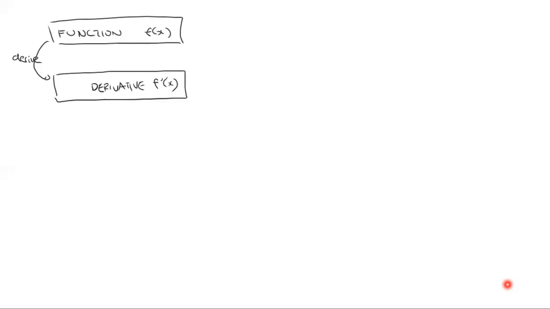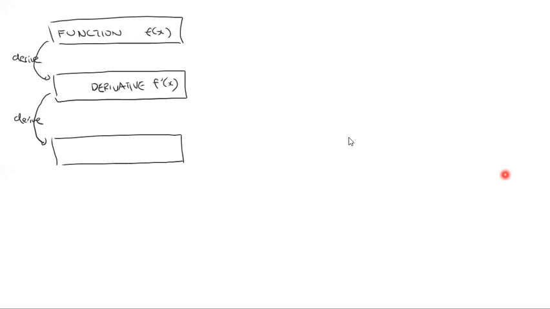Now, because it is a function, as Paris has noted, can we derive it again? Yes, we could. And since we can derive it again, what will we call this function? Second derivative. Right.